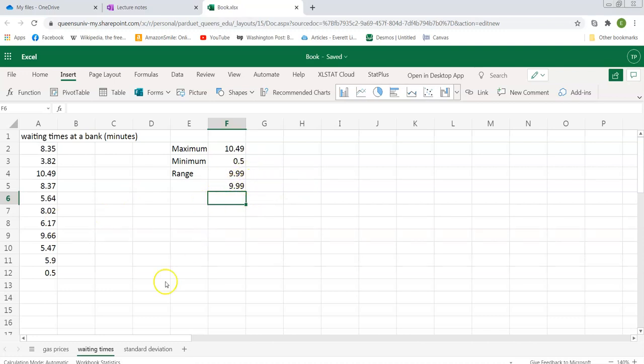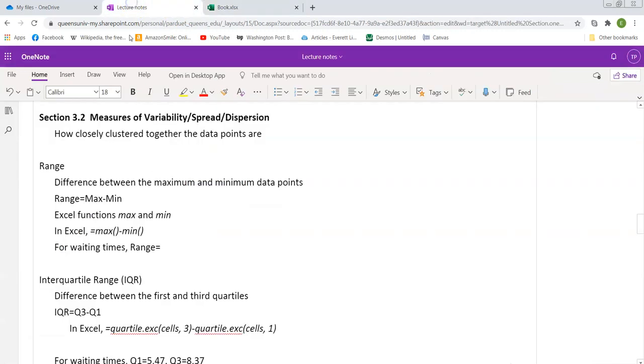Okay, so for this data set, the range is 9.99 minutes. And I do want you to label that in the correct units. And I'll go ahead and write this out so you have it in your notes.